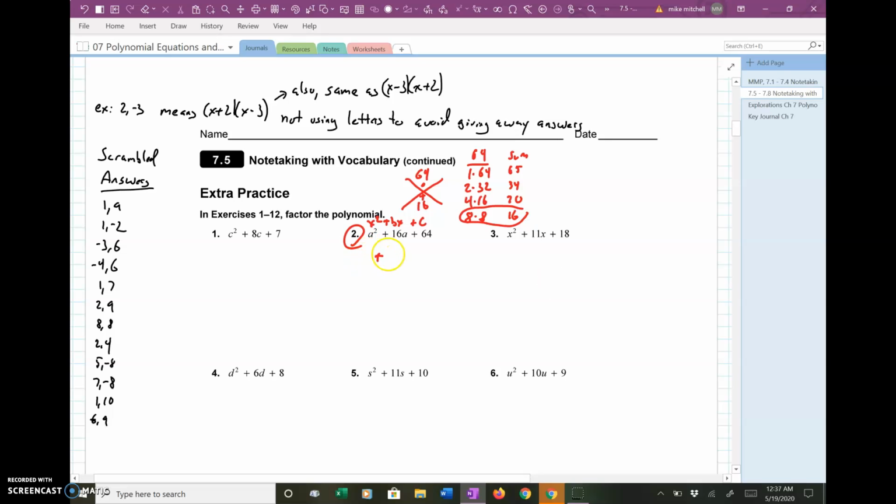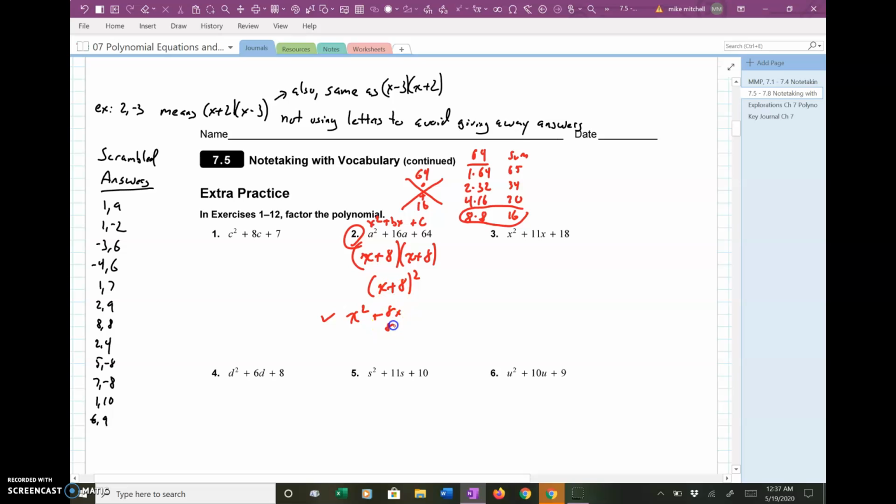So this is going to be x plus 8, x plus 8, or x plus 8 squared would be another way. I can check it out here, do my FOIL. X times x is x squared. Outer terms is 8x.